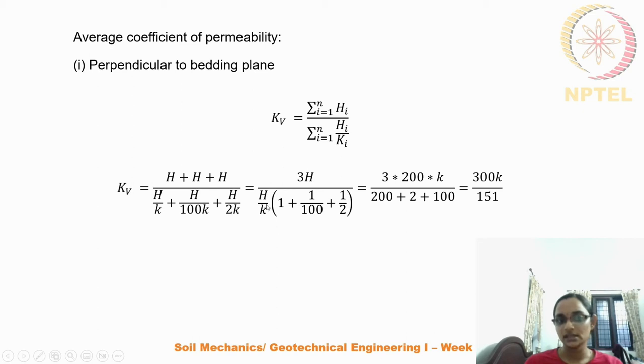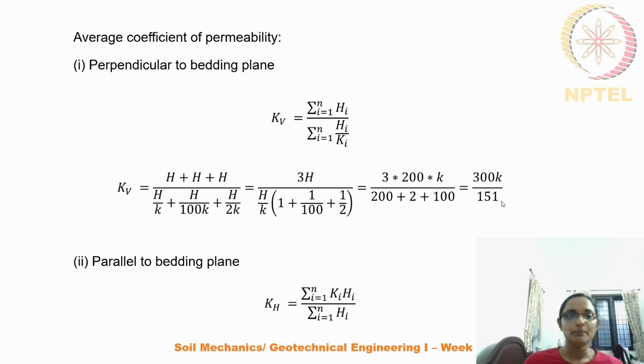So calculating, here we can take H by K outside as common. Remaining here 1 will be there, here 1 by 100 and 1 by 2. So substituting, H gets cancelled. This K from the denominator will go to numerator, so we will get 300K by 151. This is the average or equivalent coefficient of permeability perpendicular to the bedding plane.